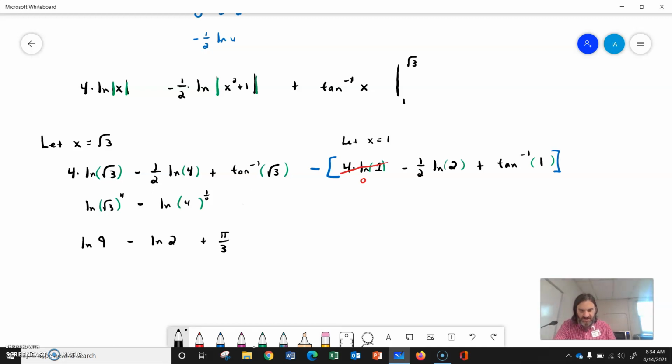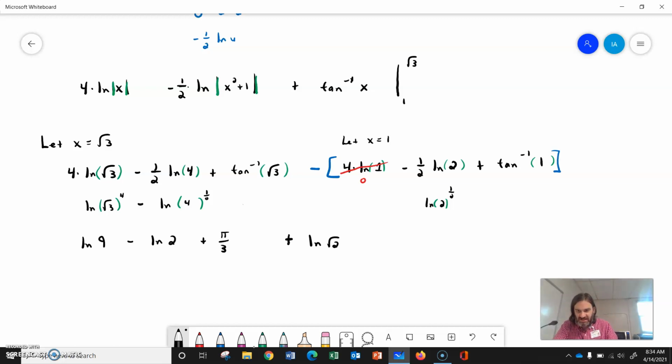And then we're going to have over here minus. We've already zapped this out. And then we're going to have minus minus, so that'll be a plus on this one. And once again, we will move the 1/2 in here into the natural log of 2. So we'll have natural log of square root of 2, it looks like.